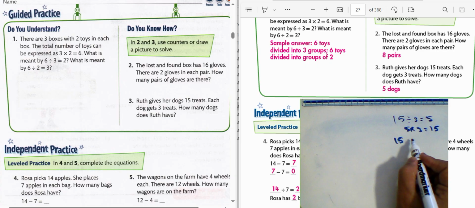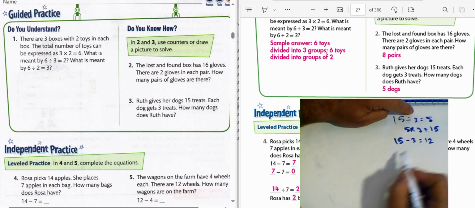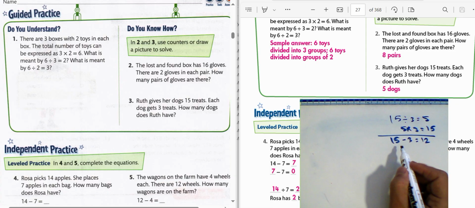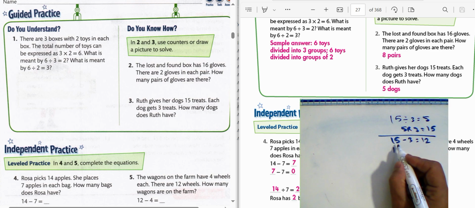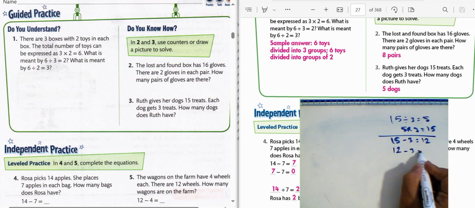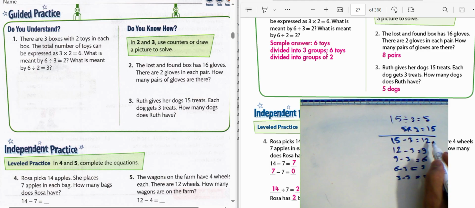Or you can find another solution by subtraction. 15 minus 3 equals 12, 12 minus 3 equals 9, 9 minus 3 equals 6, 6 minus 3 equals 3, and 3 minus 3 equals 0. Then we have 1, 2, 3, 4, 5. So 15 divided by 3 equals 5. It's the solution of this example.